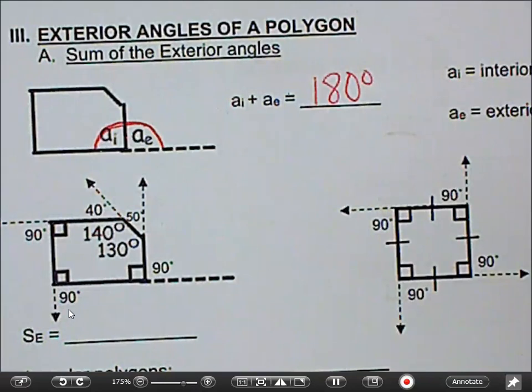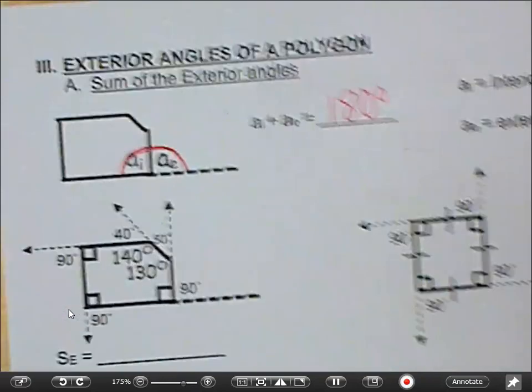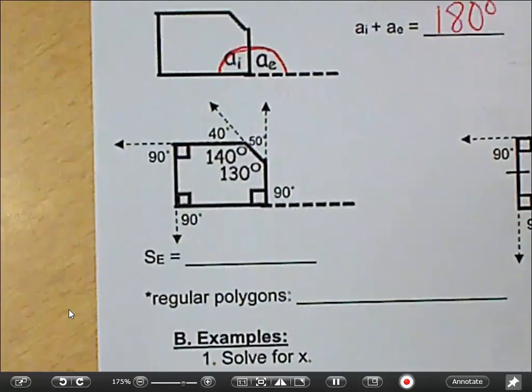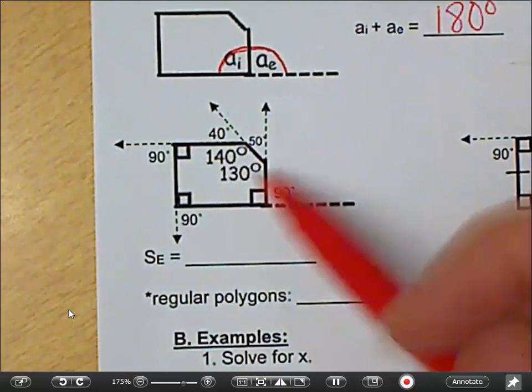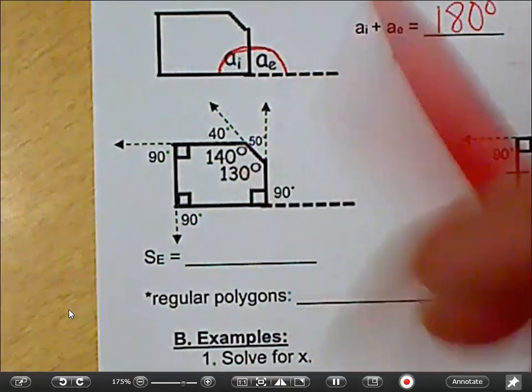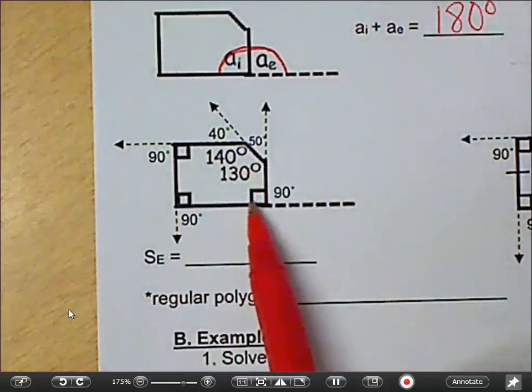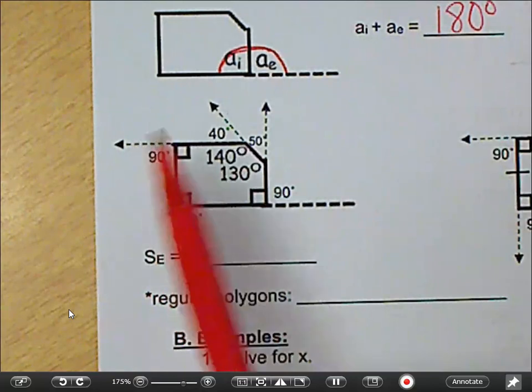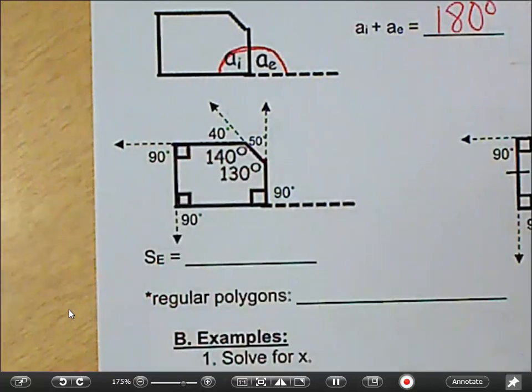Okay, and we're going to see that a little more depending on what they're asking us for. They give you a little more detail here. We're going to fill in some of the pieces as we go. So if we look at this lovely little shape here, there's not a whole lot to fill in. Just notice that any angle you look at on this shape, whether it's interior or exterior, it does pair up with the opposite to form 180 degrees.